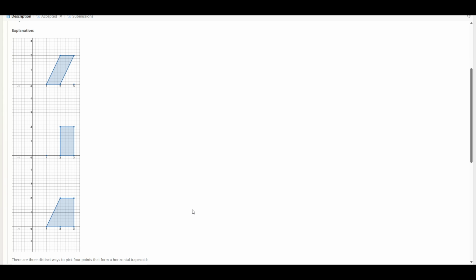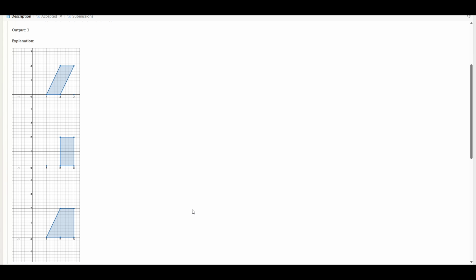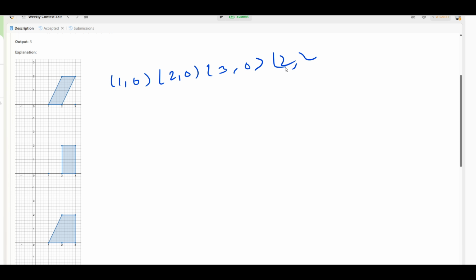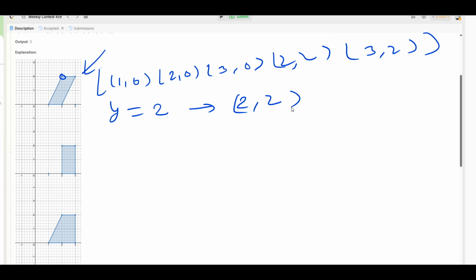So let's think the points given are 1 0, 2 0, 3 0, 2 2 and 3 2. When y equals 2, we have 2 comma 2 and another at 3 comma 2, right?